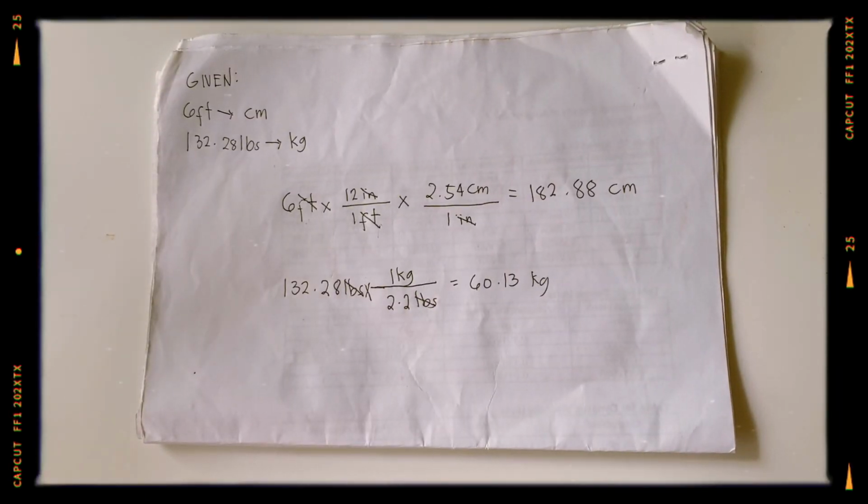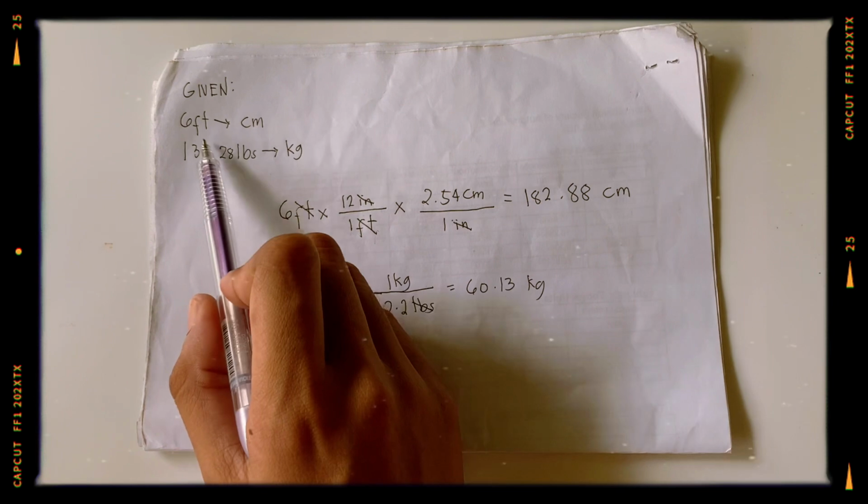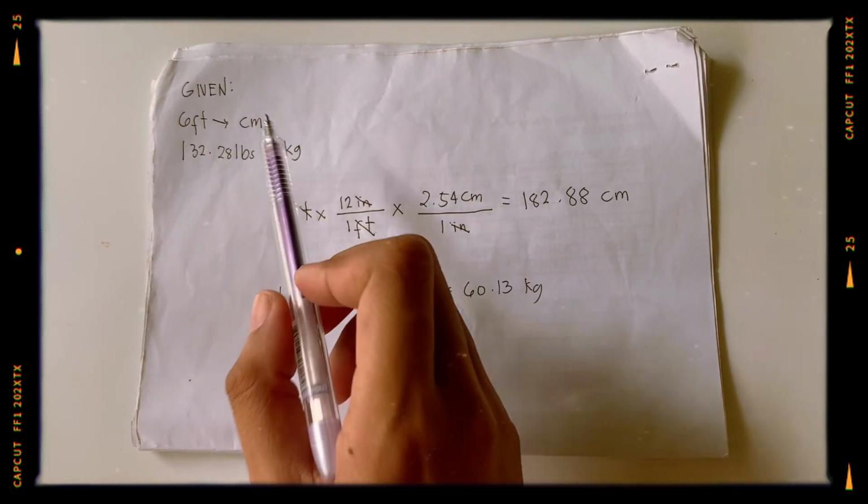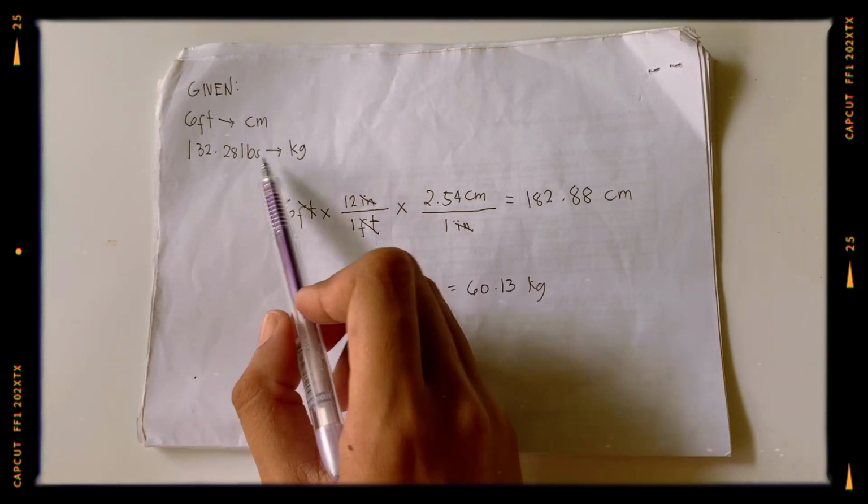In this problem, we need to convert Ivan's height, which is 6 feet, to centimeters, and his weight, which is 132.28 pounds, to kilograms.